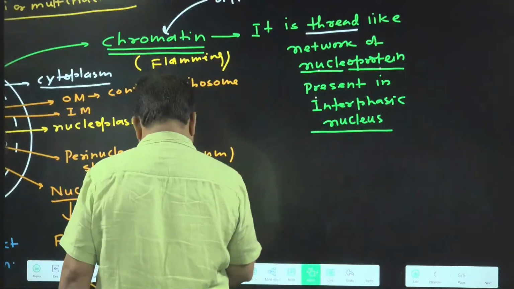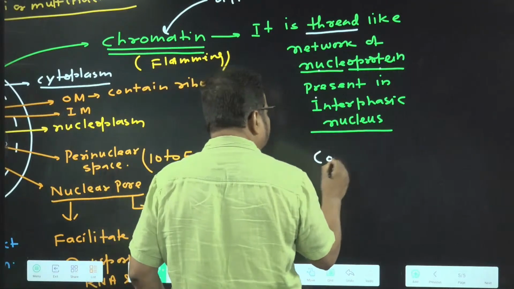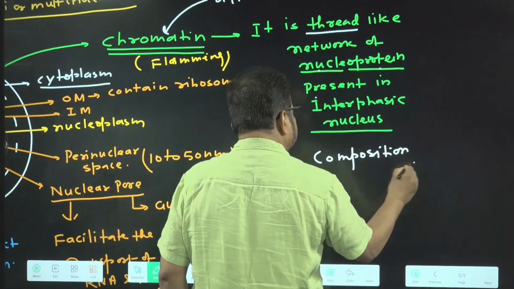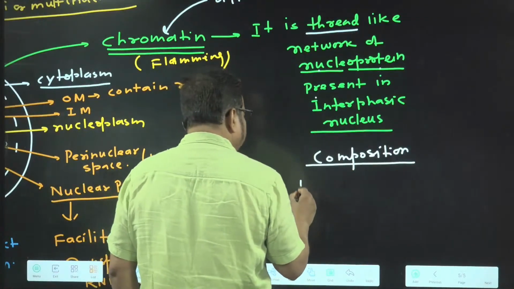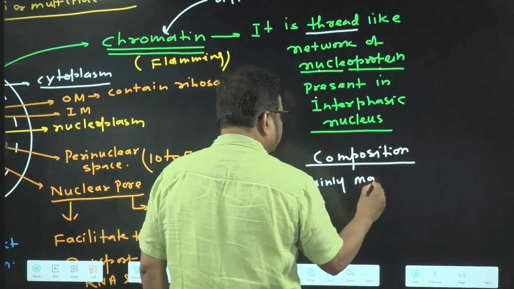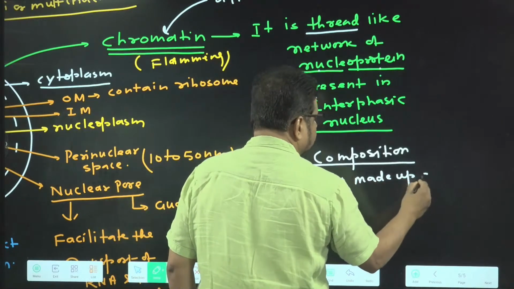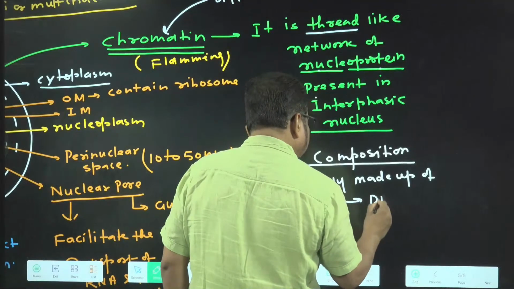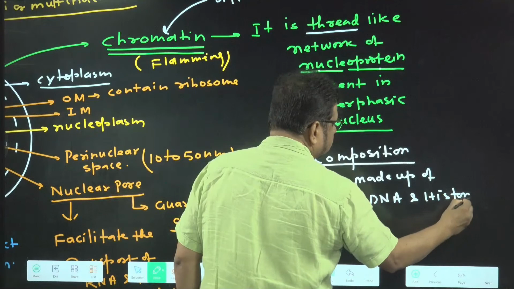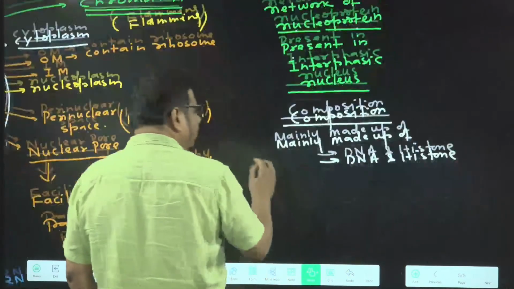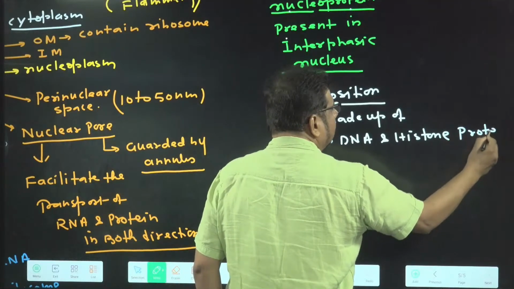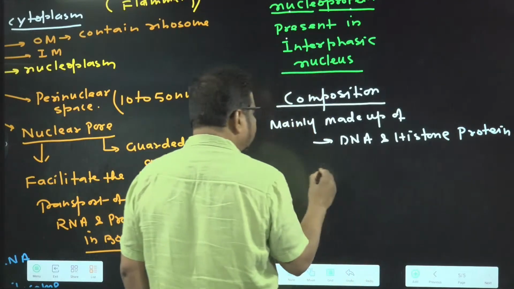Now I am telling you the composition of chromatin. What did NCERT write in the composition? Mainly made up of DNA and histone protein. And what else is present?